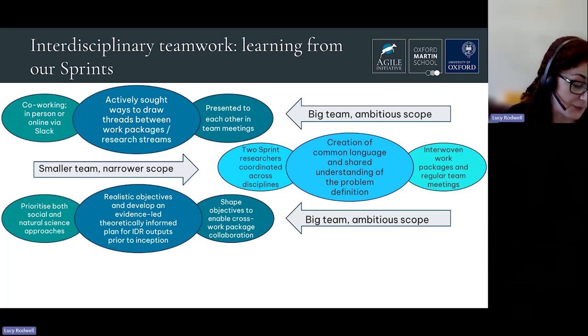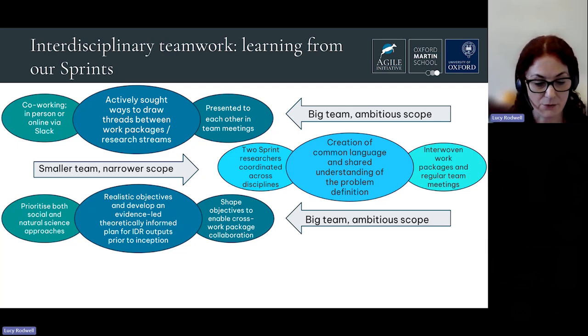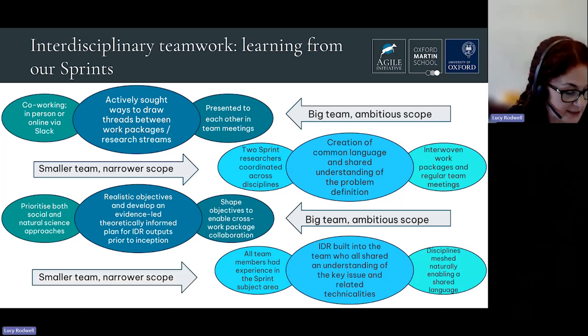So their takeaway learning point is therefore to develop realistic objectives that support an evidence-led, theoretically informed plan for IDR outputs prior to inception. So to move on to my final example, this is another smaller team with a more targeted scope.